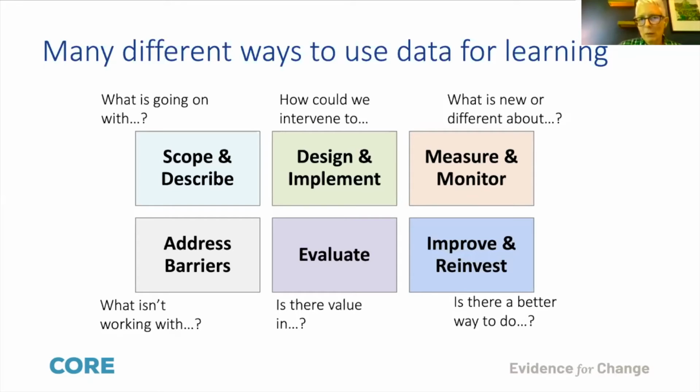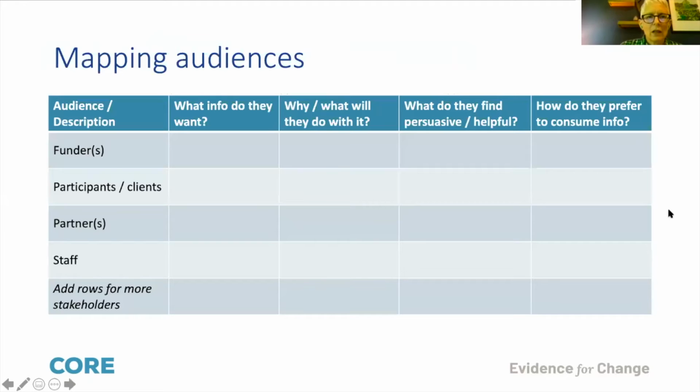So these are examples of questions that people might ask with data, and these are possibly questions that could be of interest to different audiences that you would have. And the next slide lays out, I think, the world's most basic table, but I do find filling out something like this quickly helpful, just to say, okay, what are different audiences for measurement around our effort? Funders are obvious ones.